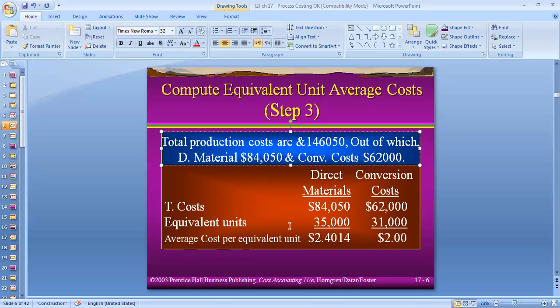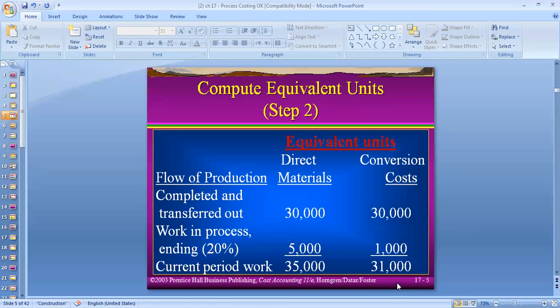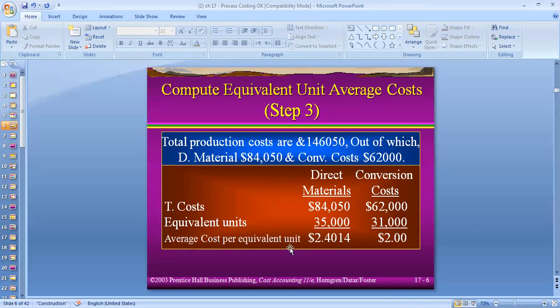If divided by the equivalent units, I mean 35,000 for material, 31,000 for conversion cost, as we saw in the previous slide when we prepared the equivalent units of production report, we get the average cost per equivalent unit. Regarding direct material, $2.04 approximately, then 40 cents approximately. For conversion cost, it's $2.